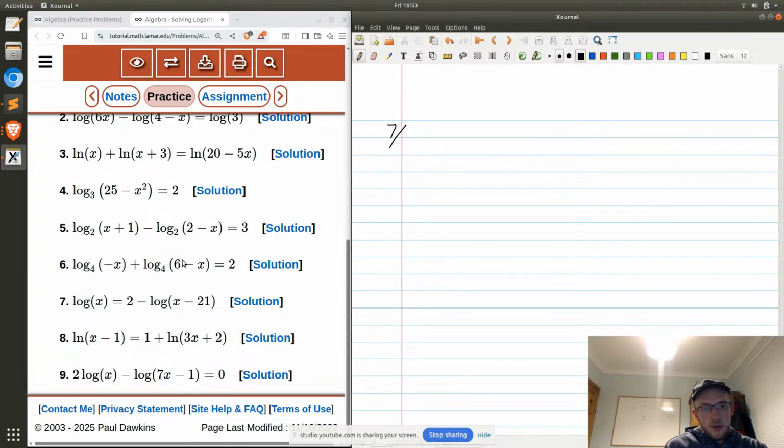Okay, I'm going to move this to the left. This negative log of x take 21, I'm going to move it to the left-hand side. So I get log of x plus log of x take 21 is equal to 2. Then I have a sum of logarithms. So I multiply their arguments.